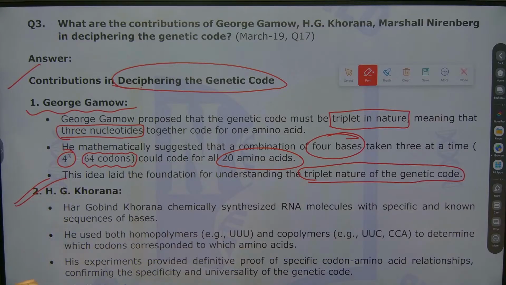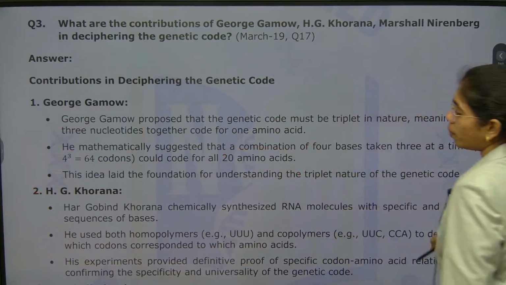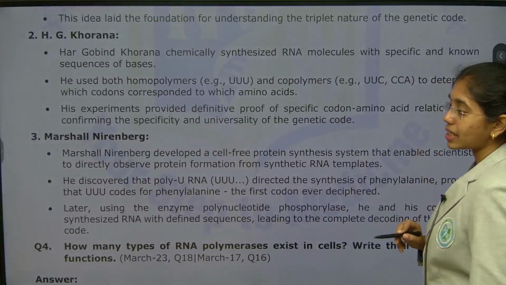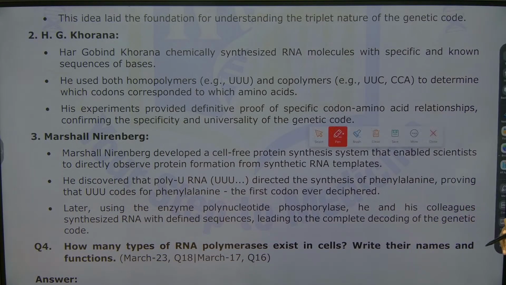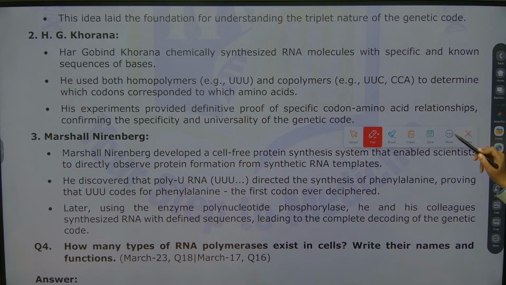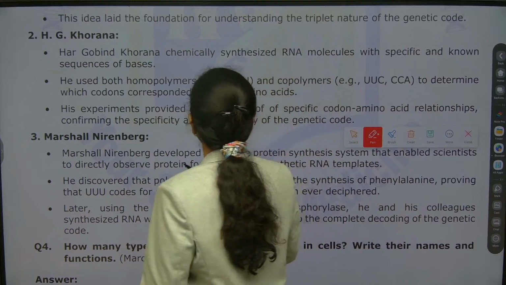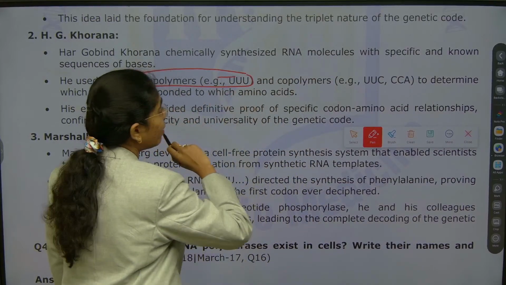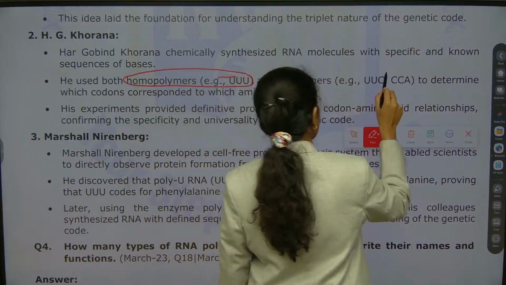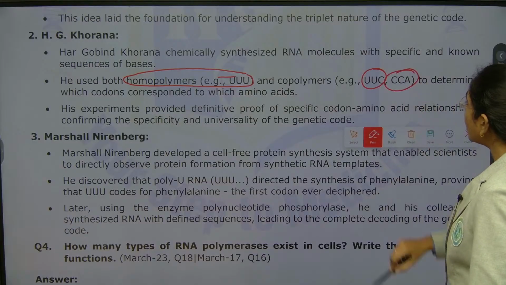Next, Hargobind Khorana or H.G. Khorana. He has chemically synthesized RNA molecules with specific and known sequences of the bases. He used both homopolymers and heteropolymers. Best example he has taken is uracil. Homopolymers, for example, U continuous chain, you will have copolymers which have uracil along with cytosine or cytosine along with adenine.